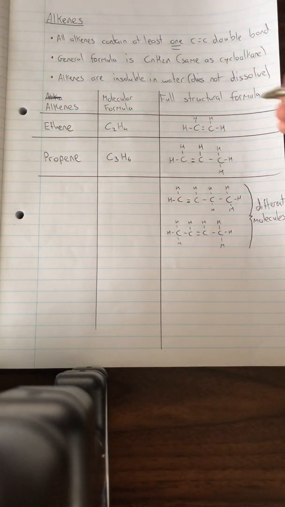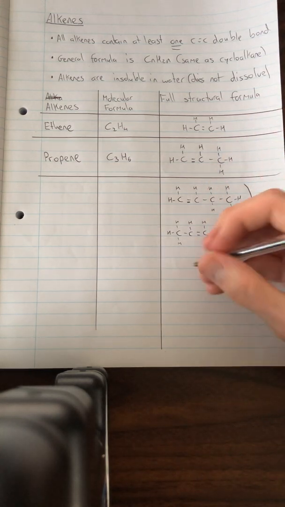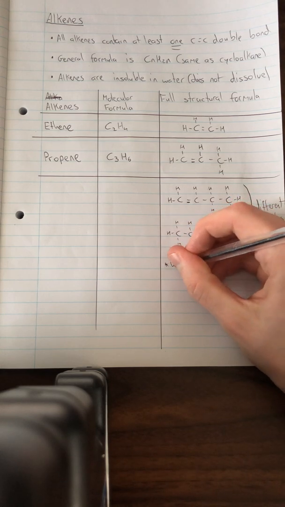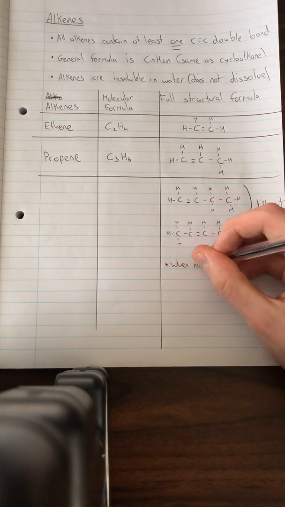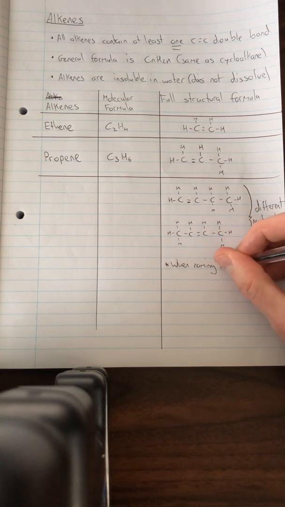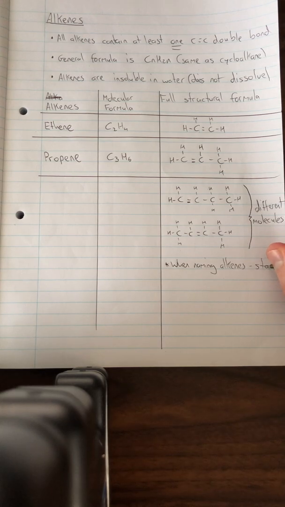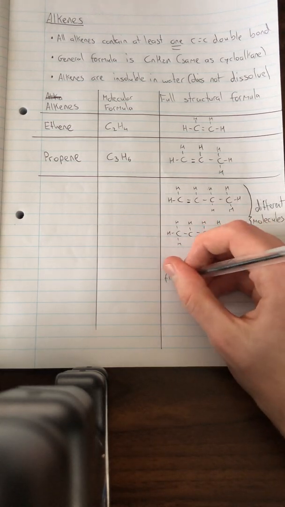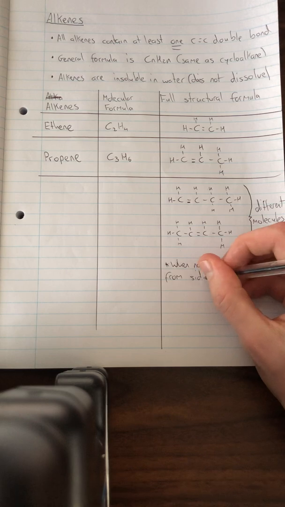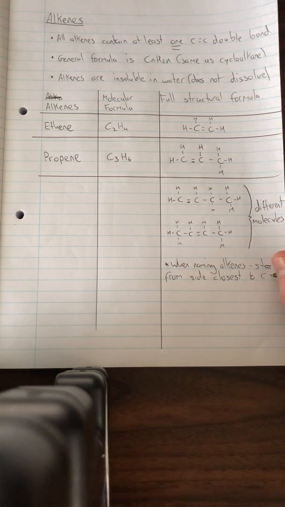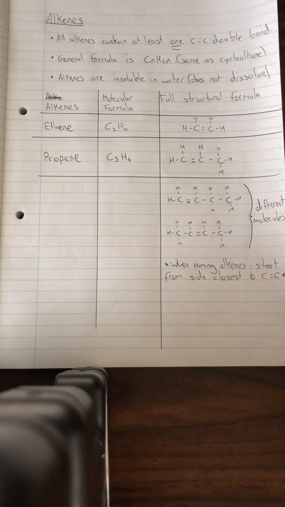Now, what we do, I'm going to make a wee note here. So when naming alkenes, we start from the side closest to the carbon to carbon double bond.